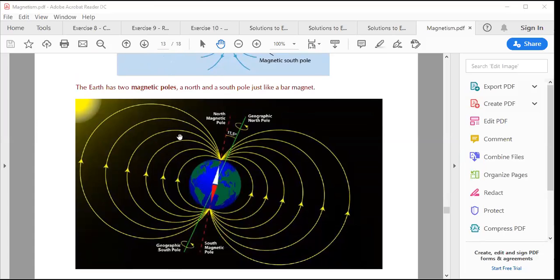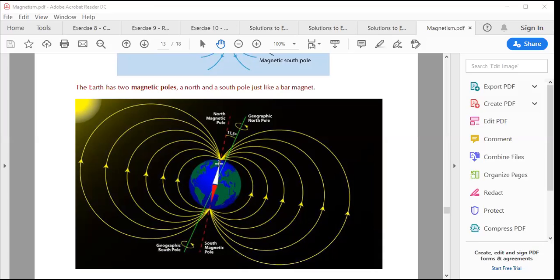We have a magnetic north pole and a geographic north pole. What is a geographic north pole? We know the earth rotates. When it rotates, that's when we get day and night. So it rotates on its axis, and the point where that axis comes out is what we call the geographic north.